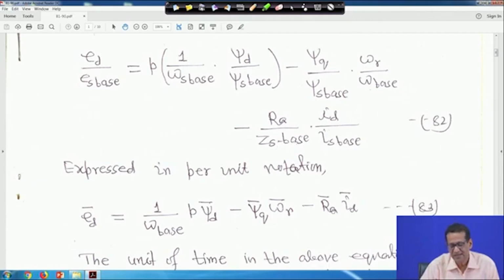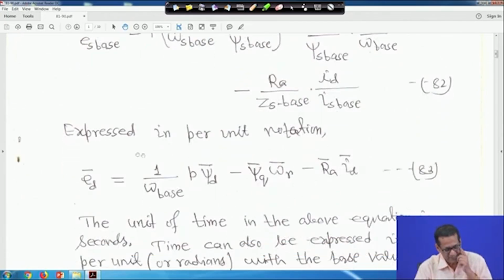So RA per unit is RA bar, and Id upon Is base is Id bar. Whenever a bar is put, it means these are per unit values, because ultimately at a later stage things are very simple and everything will be in per unit.